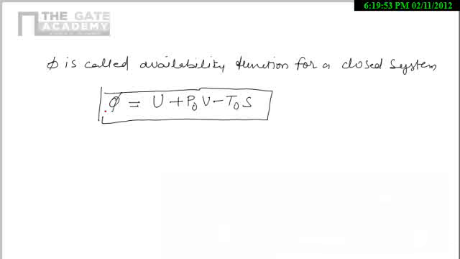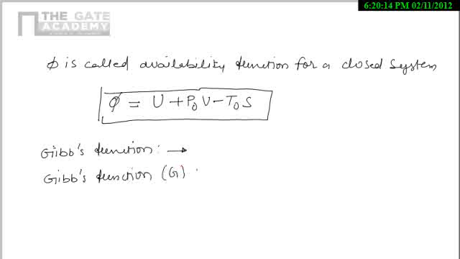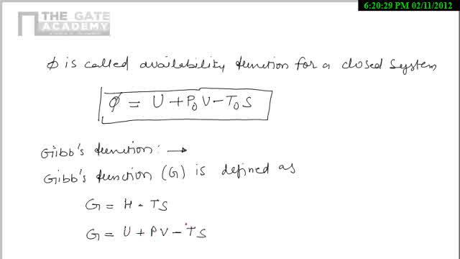Now we will define one more important function, that is the Gibbs function. The Gibbs function is denoted by G and is defined as G equals to H minus Ts, or sometimes in place of H I can write U plus PV minus Ts.